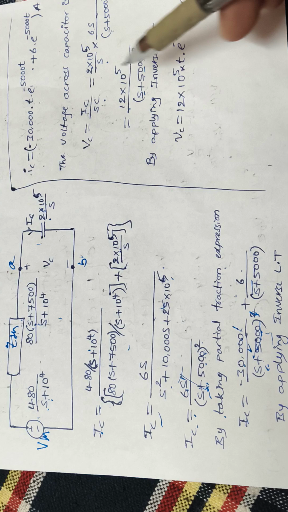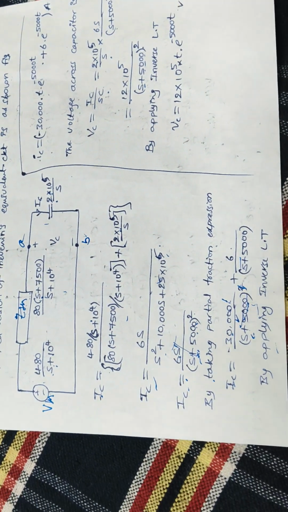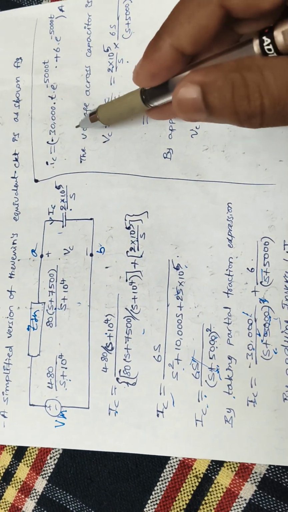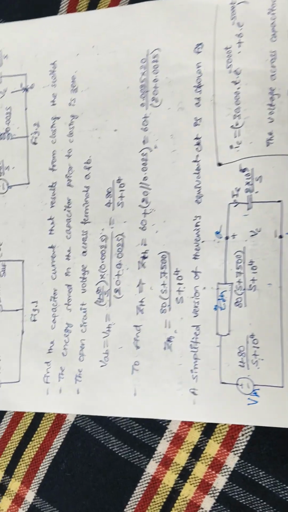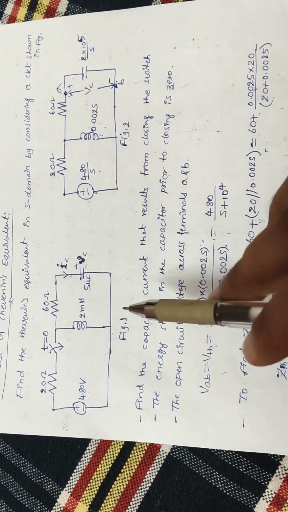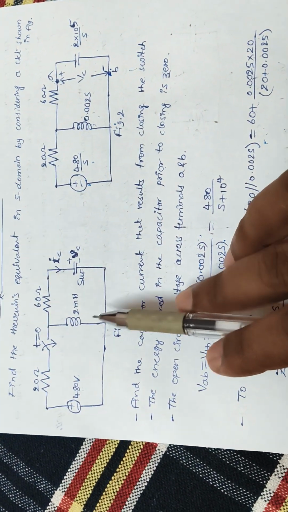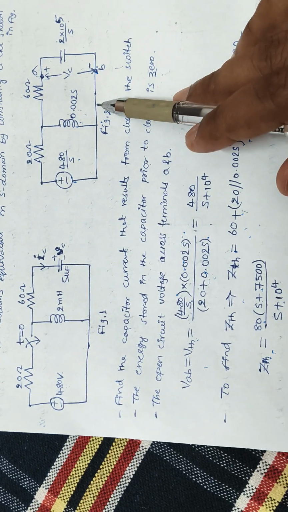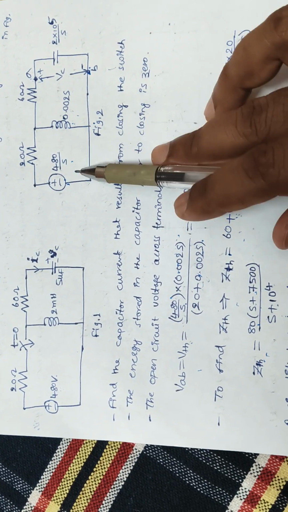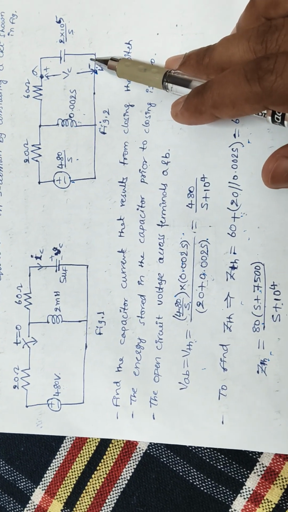In this way we can find the capacitance current and capacitance voltage. If your objective is to find the capacitance current and capacitance voltage through the Thevenin equivalent circuit, what you have done here is, first, you converted the time domain circuit into the S domain circuit. We replaced each individual element with its S domain representation.